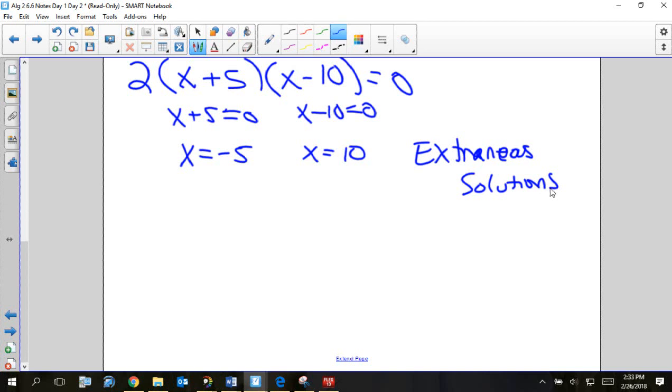You have to check your answer. With logarithms, if you get the log of a negative number, it doesn't work. If you try to do the log on your calculator of a negative number, it won't work. So if you plug it in and you get log of negative something, that answer doesn't work. So we'll check.